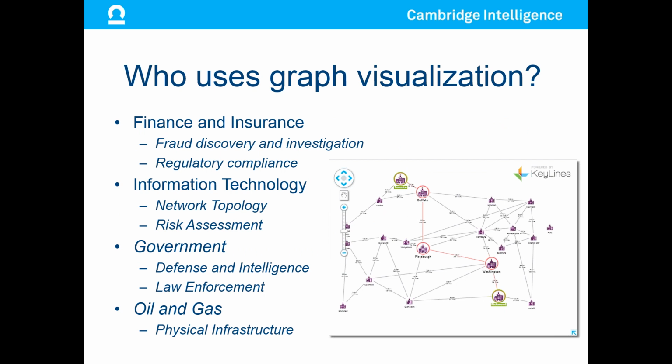The other thing that I want to discuss is when this might be beneficial. So who, at least currently, is using graph visualization as a core component of their application. And we've had success in a number of different industries. I'd say the first one that really got us started as a company was fraud. Not in committing fraud, of course, but in helping companies like finance, banks, and insurance companies uncover fraud in their data.